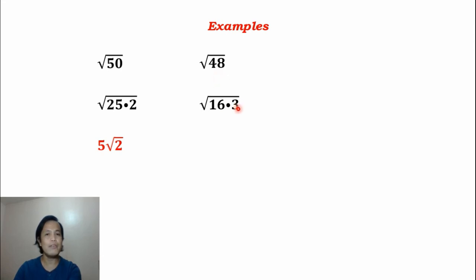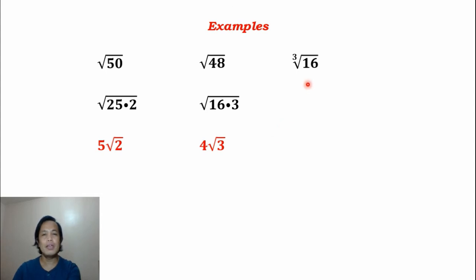And 3 is not a perfect square, so 3 shall remain in the radicand. When we get the square root of 16, that gives us 4. So we place 4 outside the radical because we have already extracted the square root. What shall remain in the radicand is 3. So the simplified form for the square root of 48 shall be 4 times the square root of 3.